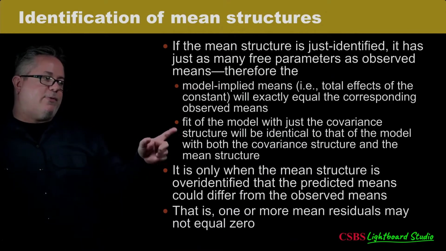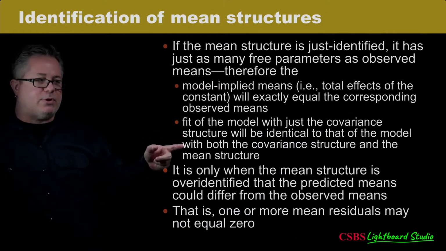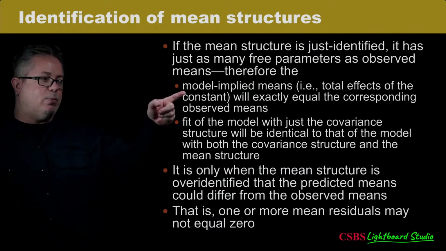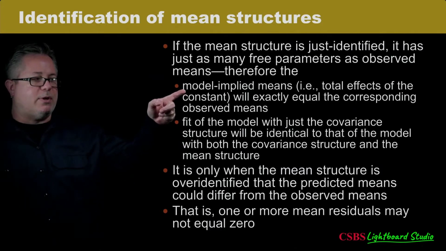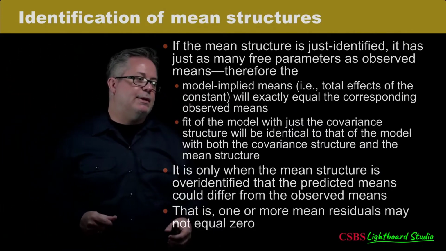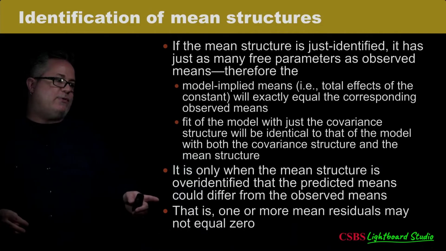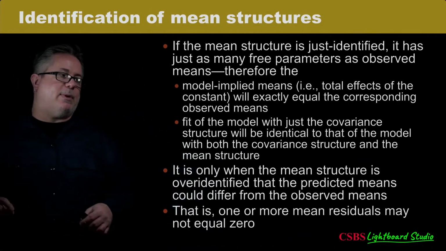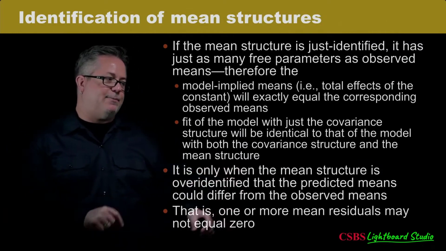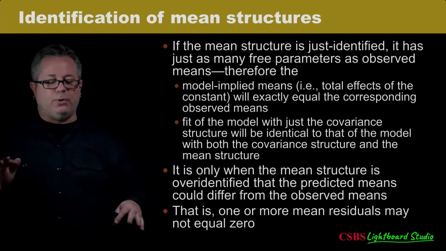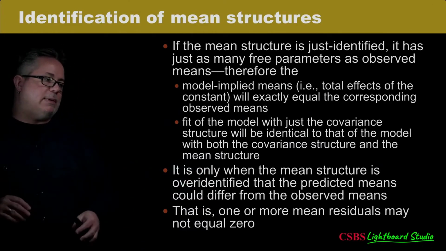So the model fit will be the same whether it's mean structure or covariance structure, but you won't be able to run the model if you under-identify the mean structure component. It's only when the mean structure is over-identified, meaning you're trying to estimate fewer means in the model than you have means in your data, that you start to have differences between the real means and the model implied means.